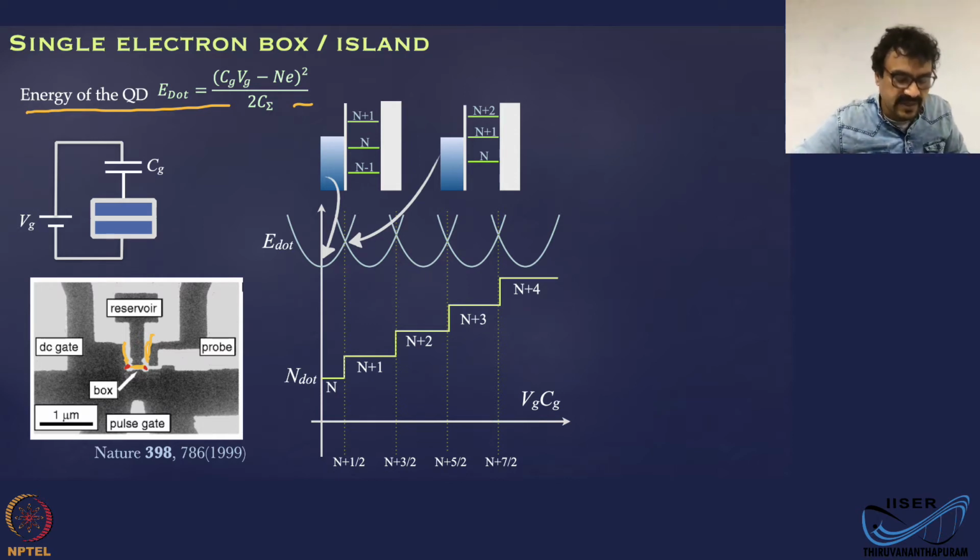So the number of electrons on this island or dot is represented by this curve as a function of the gate voltage.